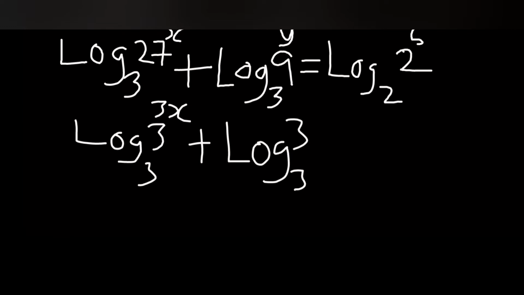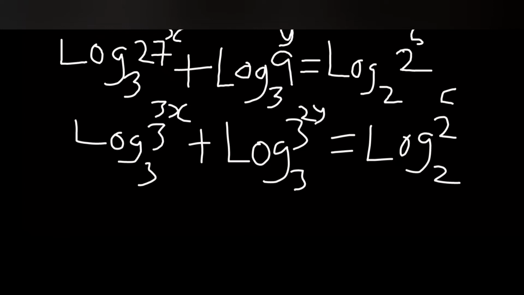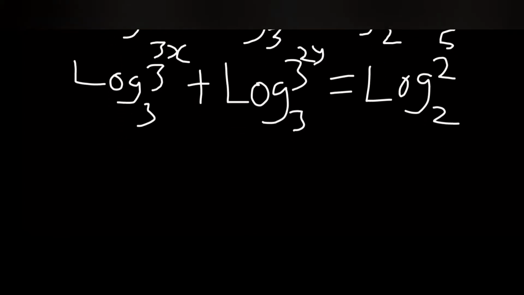We all know that 9 is the same as 3 raised to the power 2, so we say 2y, equals log base 2 raised to the power of what? 5.